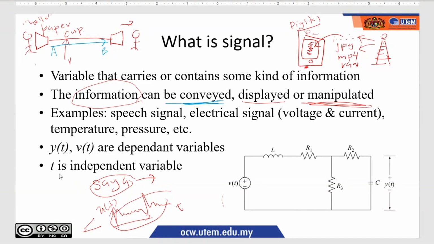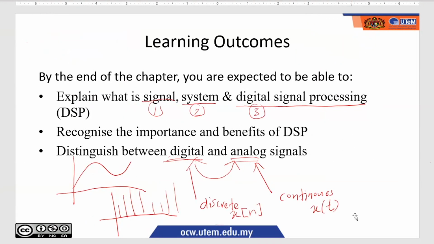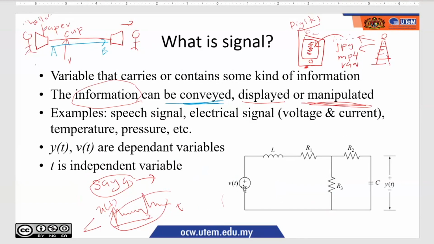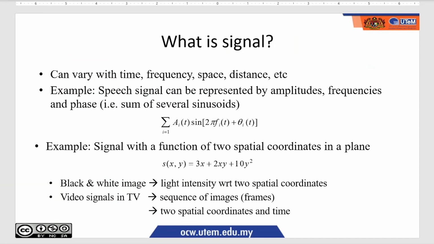Remember what we discussed just now about t and n. This one is AC or DC. Another thing to be understood is that the signal itself can vary with time, frequency, space, and distance. So what are the things that can be discussed from here?